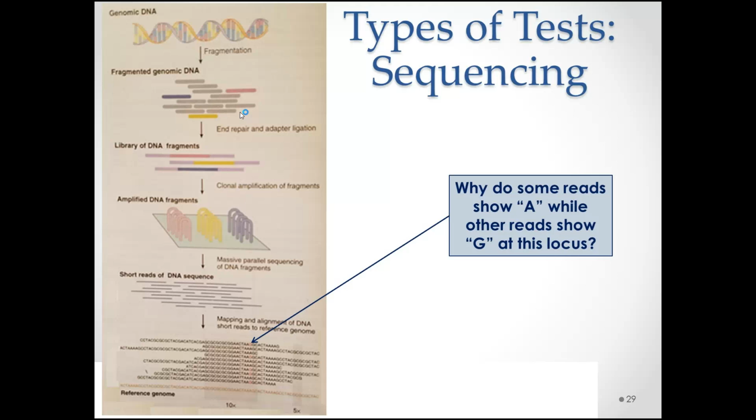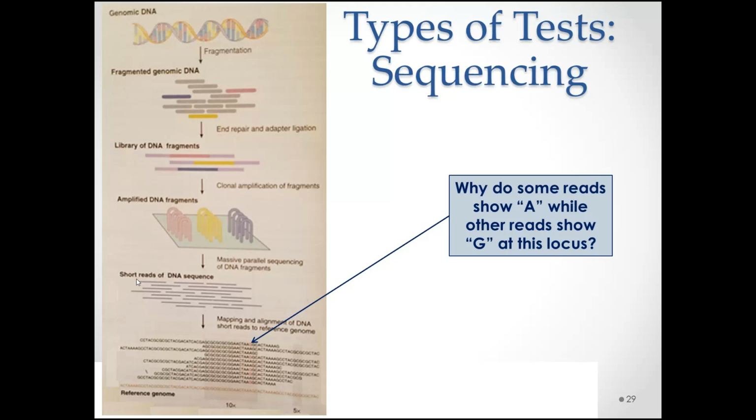Now let's add some G and see where that winds up binding. And so you're still doing a type of Sanger sequencing, but you're doing it in a massively parallel fashion. You are applying that sequencing to a boatload of fragments all at the same time.